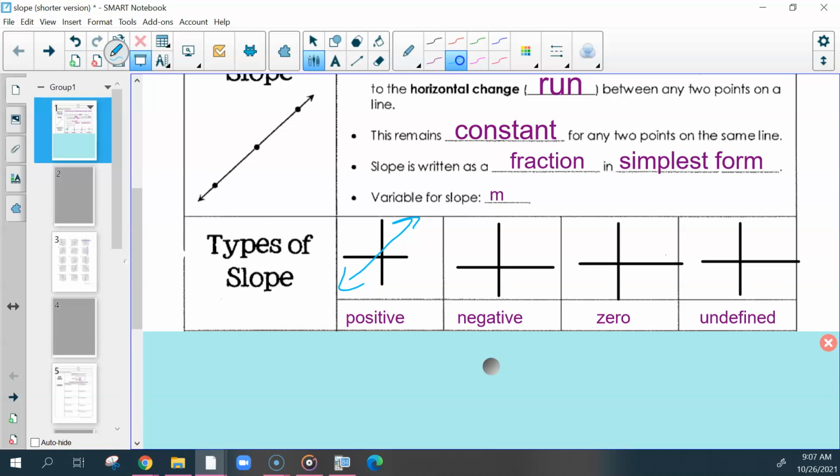So if I'm reading left to right and our slope is rise over run, we can go up and right as a positive direction. Or if I'm reading right to left, since I have to go up or down first because of my rise, I can go down and left. Down is negative, left is negative, and 2 negatives make positive.